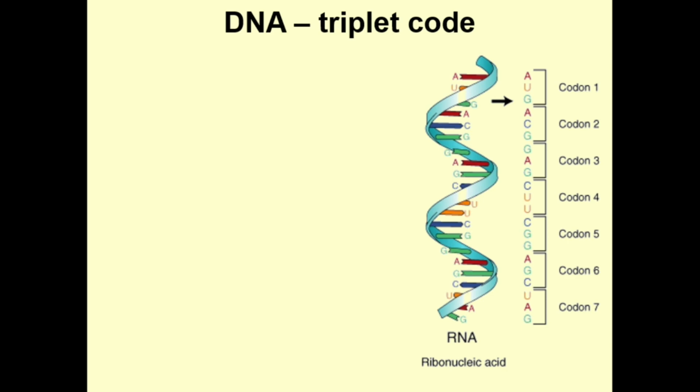So the order of those nucleotides, the sequences of the A, T, C's and G's, it's not random. It's that specific sequence of the nucleotides that we are inheriting from our parents and then that we pass on to our own offspring. And it's very, very specific.